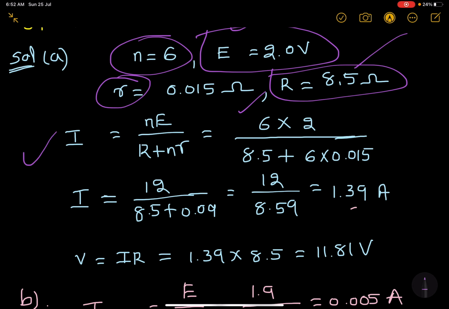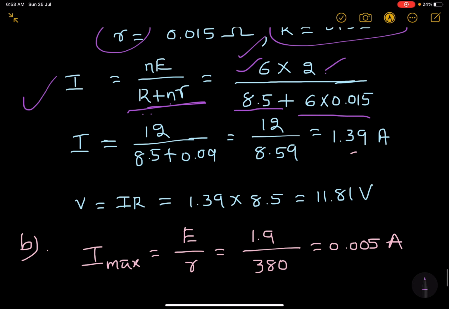Then we know one formula, I = nE/(R + nr). Here n means number of cells, 6, E equals EMF of the secondary cell, that is 2, R is the resistor connected in series, that's why 8.5, plus again the number of cells 6 and internal resistance 0.015. Then a simple calculation: the current comes to 1.39 amperes.